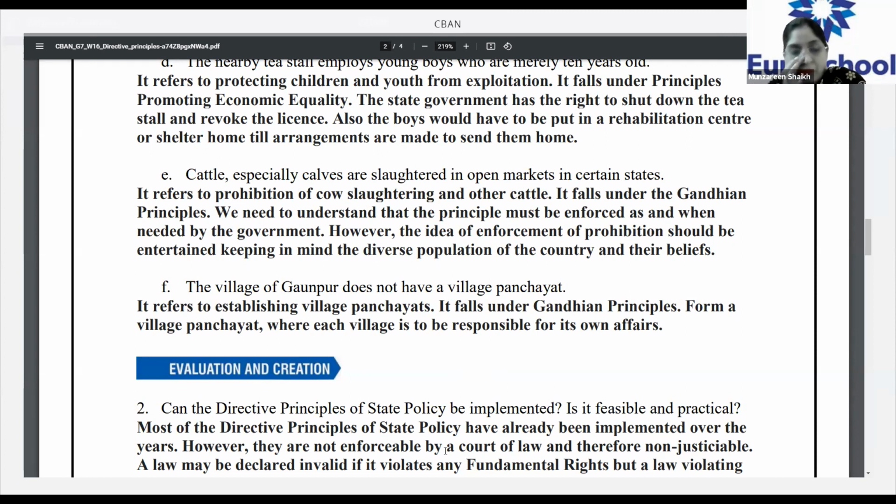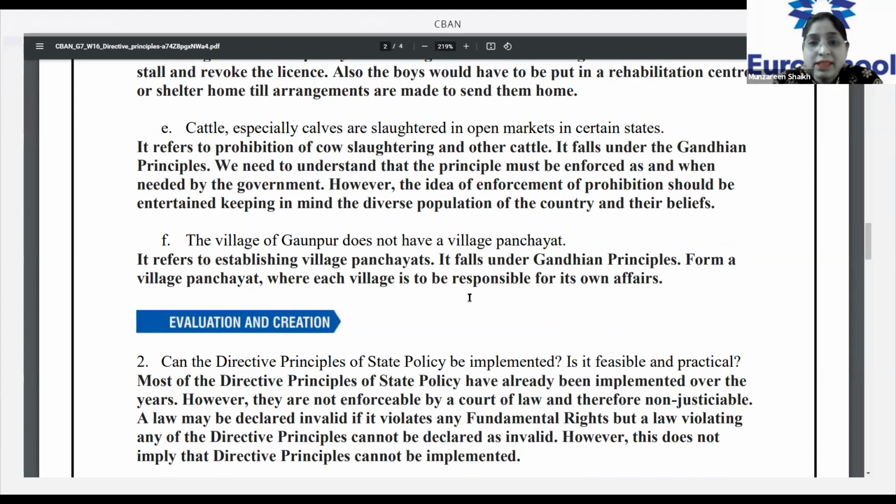Right, to ban the slaughtering of animals. And what else? The idea of enforcement of prohibition should be entertained, keeping in mind the diverse population of the country and their beliefs. So if you are focusing on this particular problem, you will also have to make sure that you understand there is a diverse population in your country and you should not hurt anybody's feelings. Okay, next, the village of Gaunpur does not have a village panchayat.